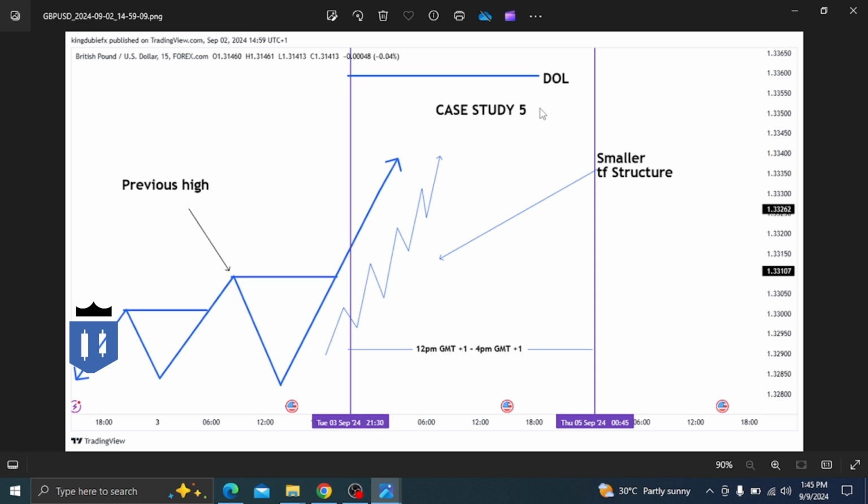This is a bullish case 35. In this scenario, the draw is higher, provided this 15 minutes structure has not been broken. If it gets broken here, we'll trade back into the range, just like the previous example we did, but inverse. If we keep going higher, this is the draw, and that's where price is going to go.